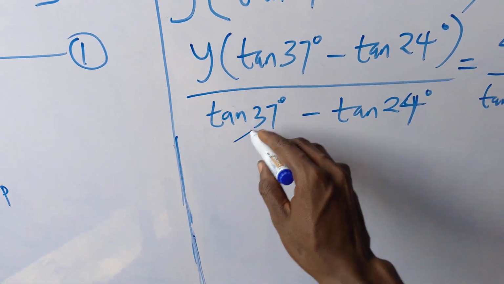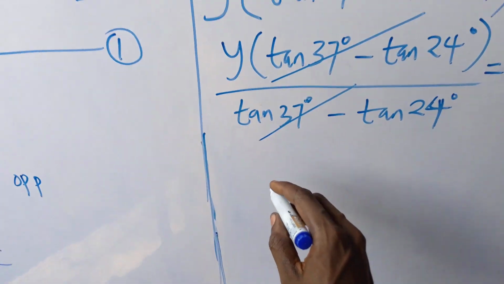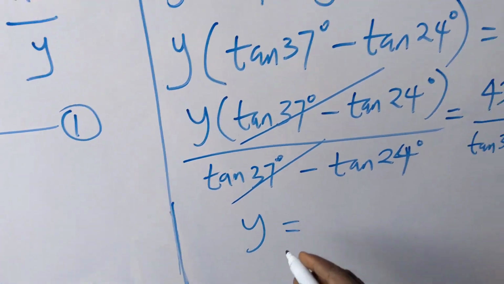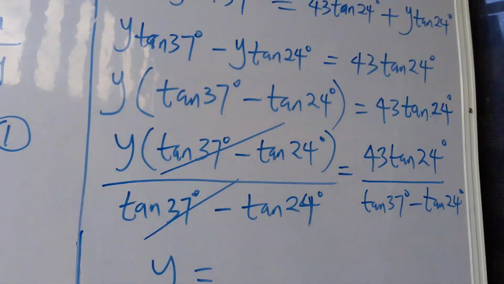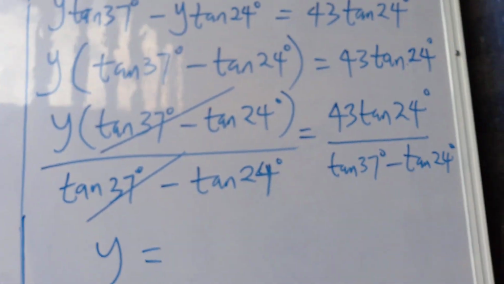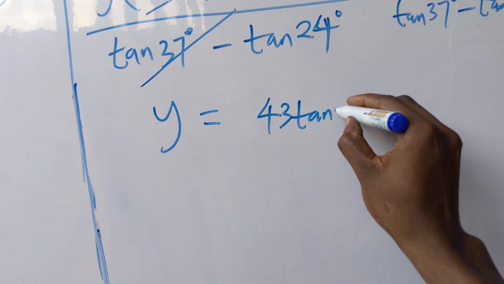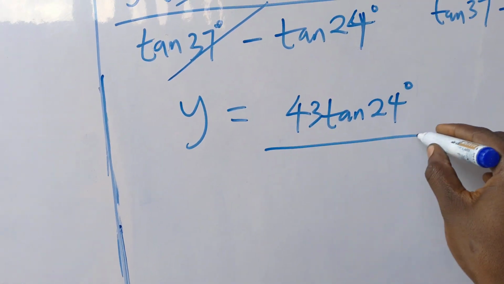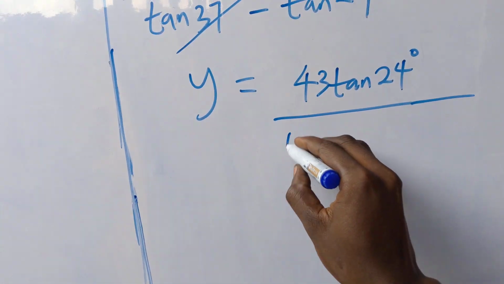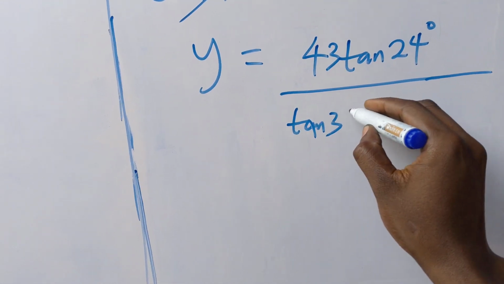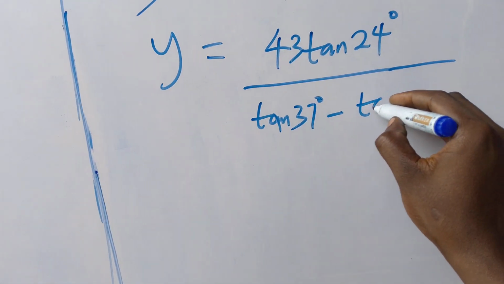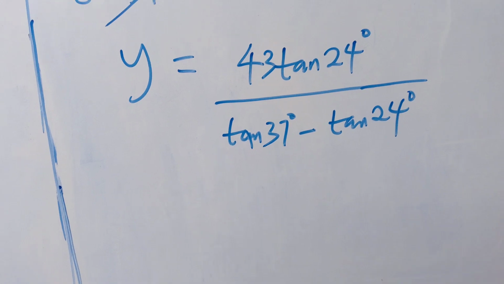You see that this will eliminate this. Now I have the value of y: y is 43 tan 24 degrees over tan 37 degrees minus tan 24 degrees.